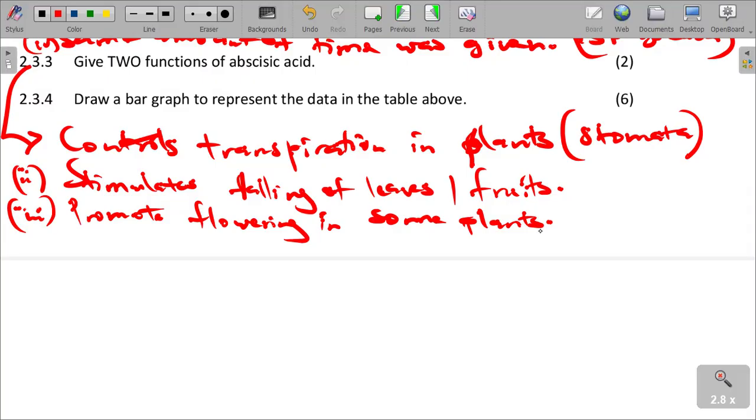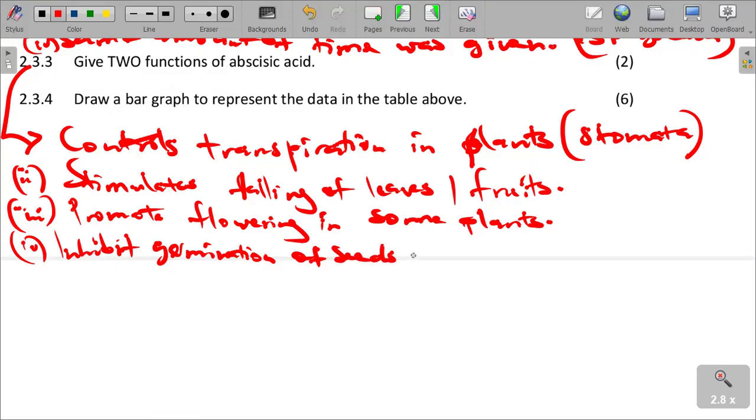And then it also promotes dormancy, inhibiting germination of seeds in some seasons.